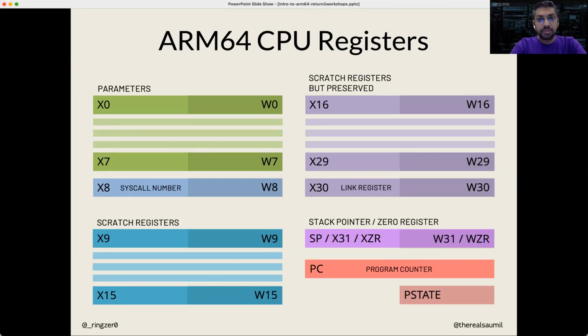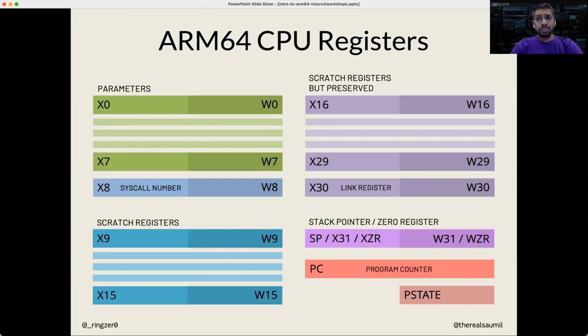The philosophy of every RISC CPU is basically to keep information in registers as far as possible. Very rarely do RISC CPUs like to use the memory. Memory access is expensive and it is avoided if possible.